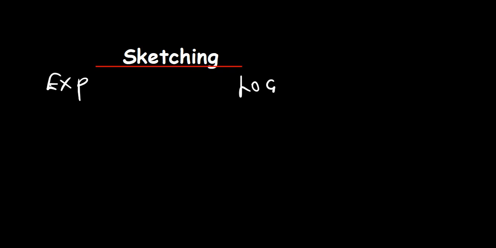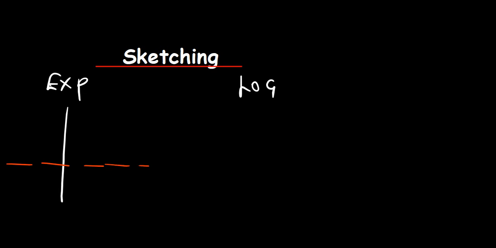So now, how do we sketch these logarithmic functions? When you're sketching, let me start with an exponential function. Let me say it's here, then the logarithmic function is on the other side. For the exponential function, if this is the y-axis, your x-axis is always the horizontal asymptote.